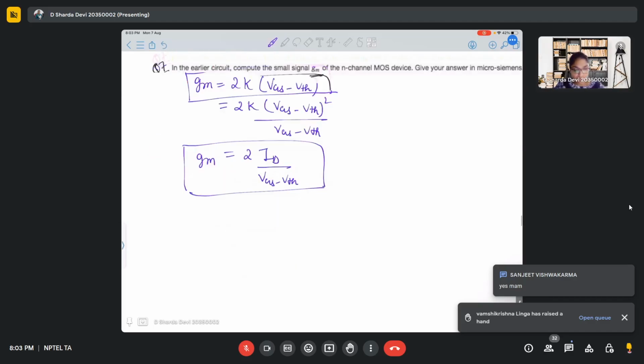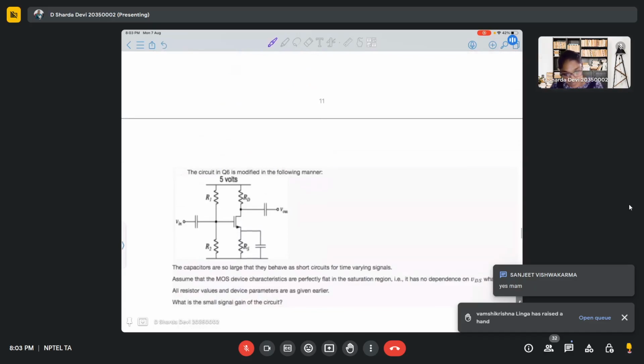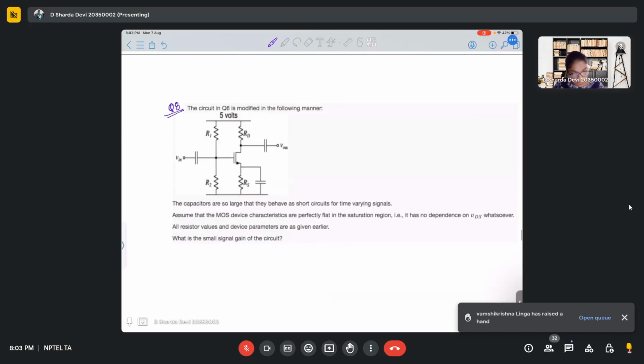Okay. So moving on to the next problem, question number 8. In this problem, it is asked to calculate the small signal gain. For this configuration, what type of configuration is this? It is a CS configuration, right? It is given that the capacitors are so large that they behave as short circuits.